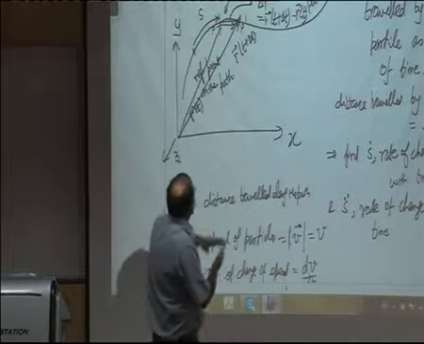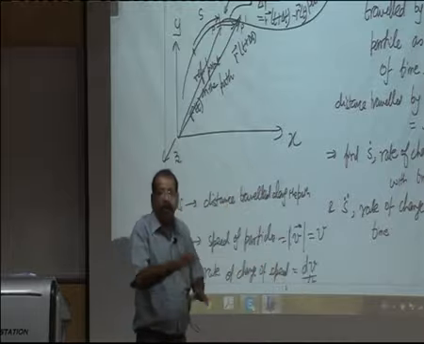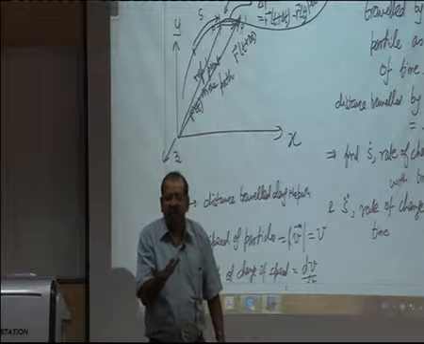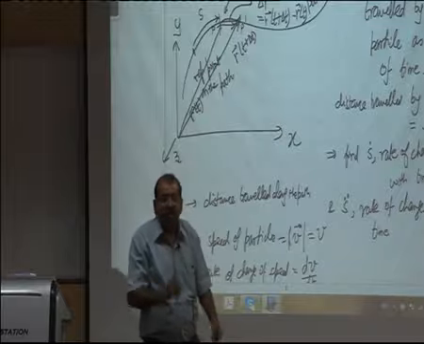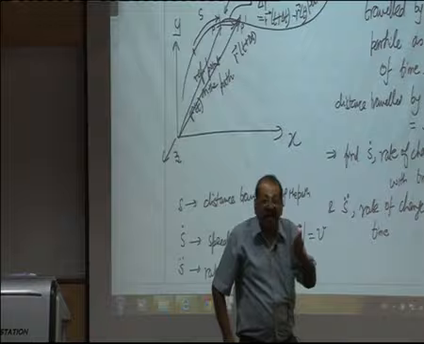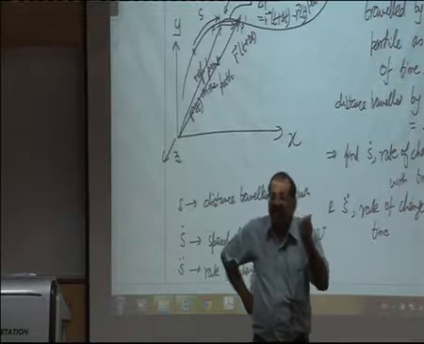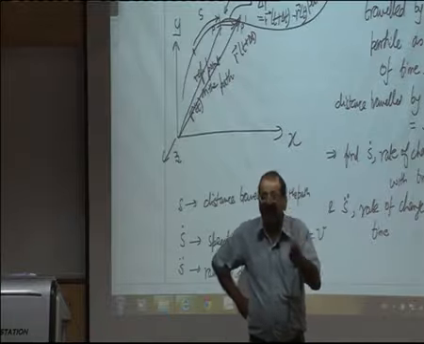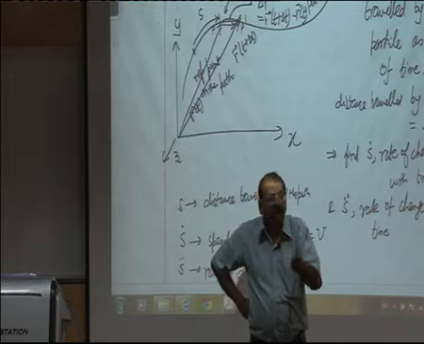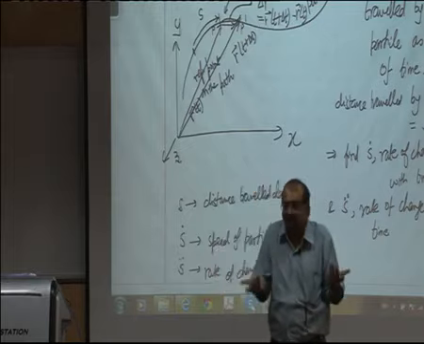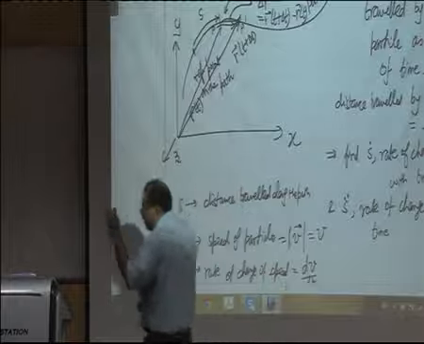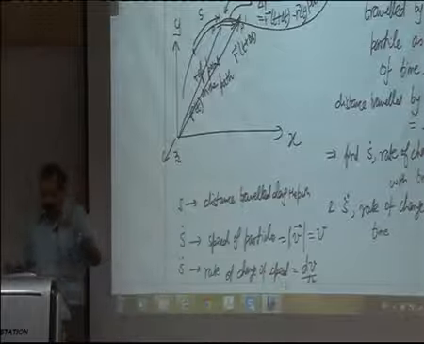It will be tangent to the path. So we can define a tangent vector as dr by ds, and this will be a unit vector because the magnitude of dr by ds is 1.